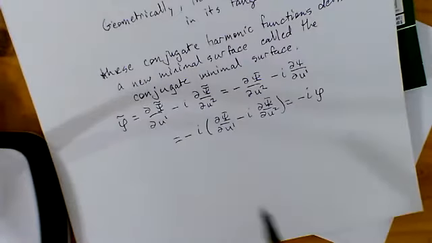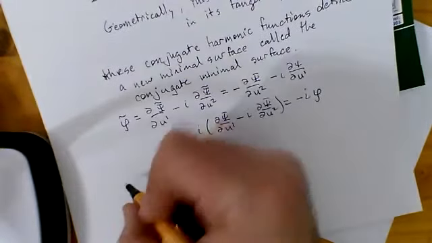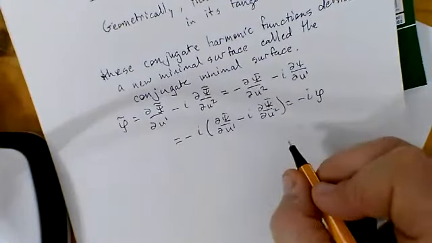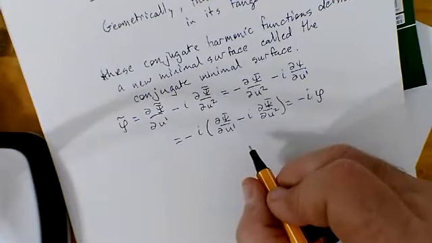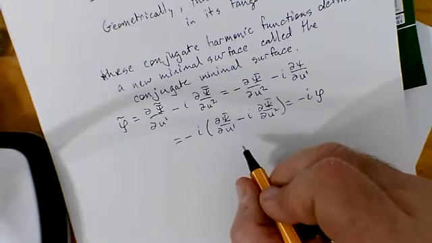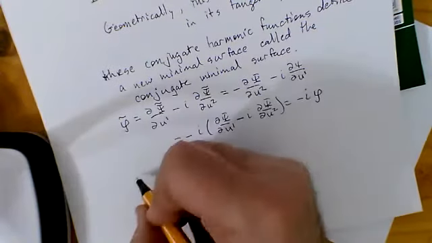And now I can write down the Weierstrass representation data of the conjugate minimal surface.